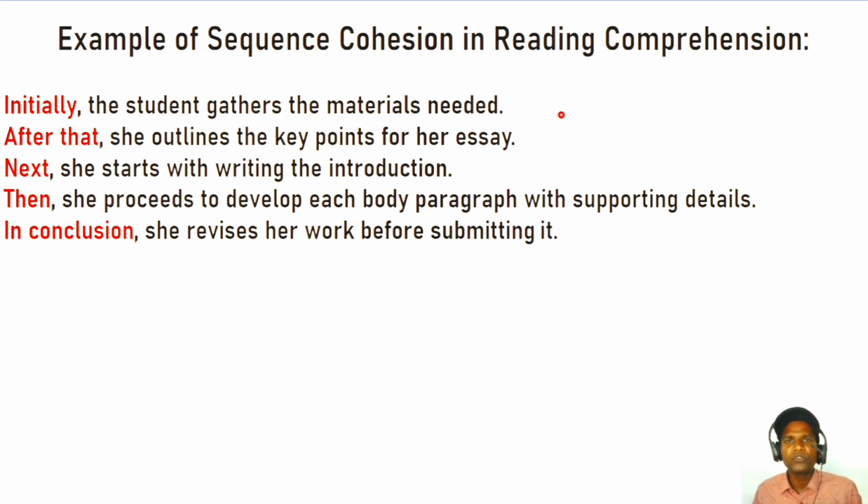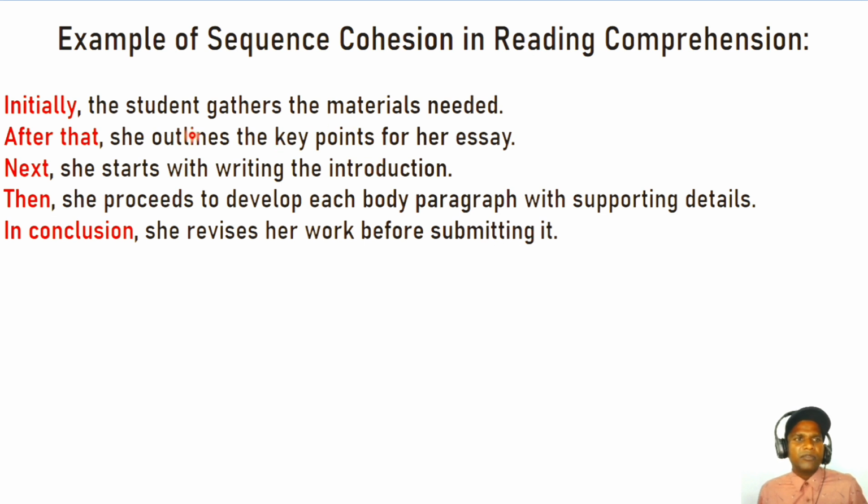So, you need to maintain the cohesion and cohesive rules while you're doing the reorder paragraph. You should think in your mind which sentence comes first, and after that, next, then, in conclusion. Keep the sentences orderly so that they follow the cohesive rules and you can make the pair, and it also gives meaning smoothly.